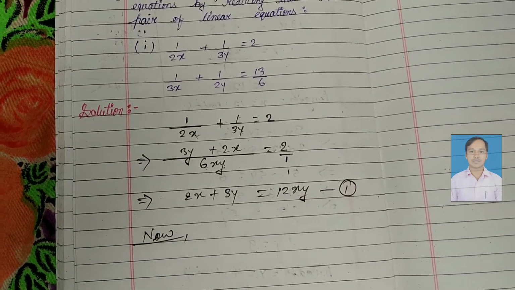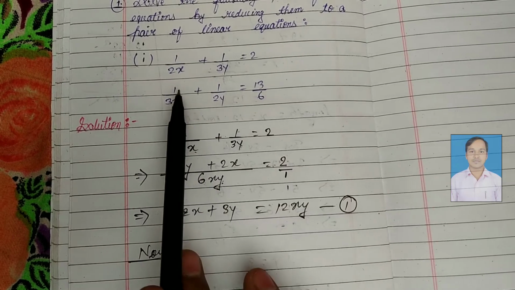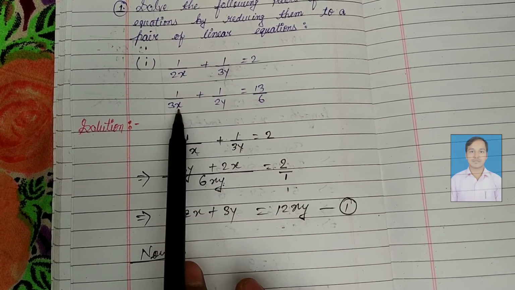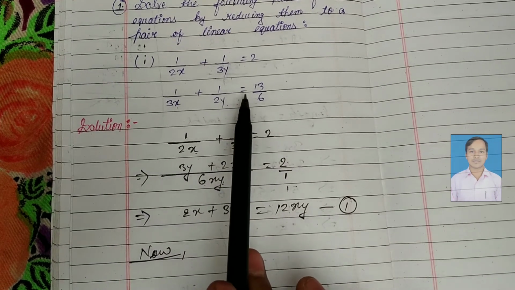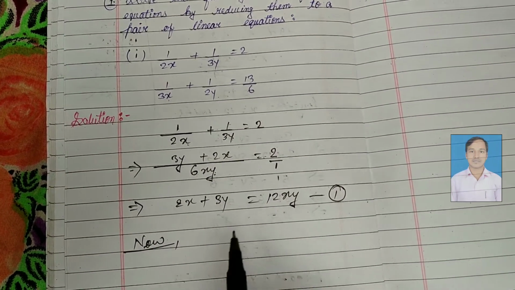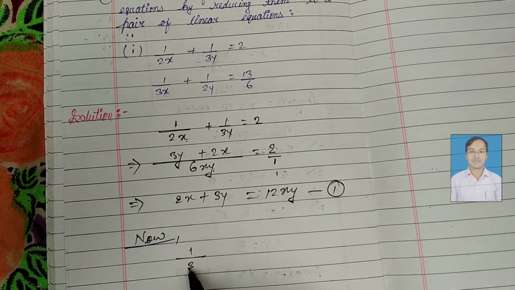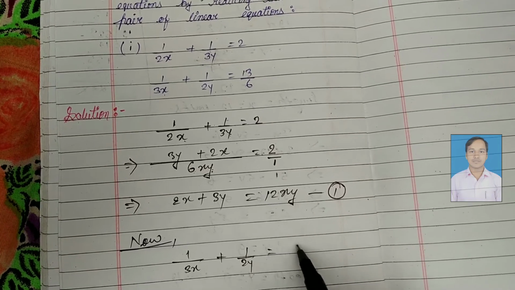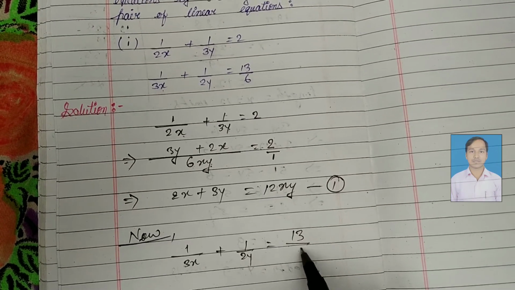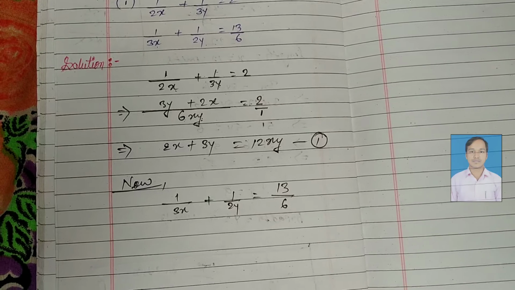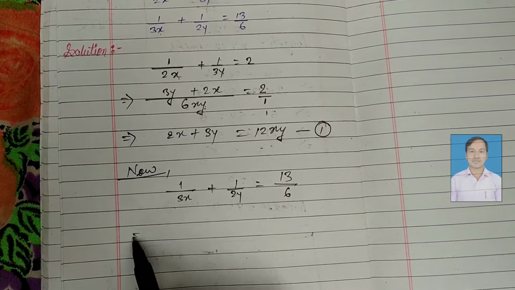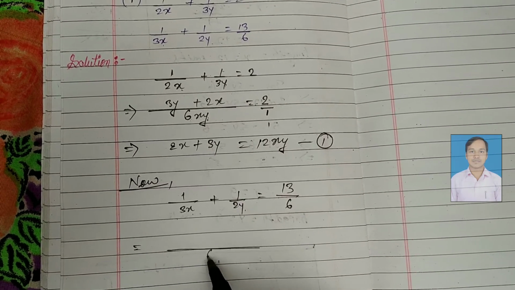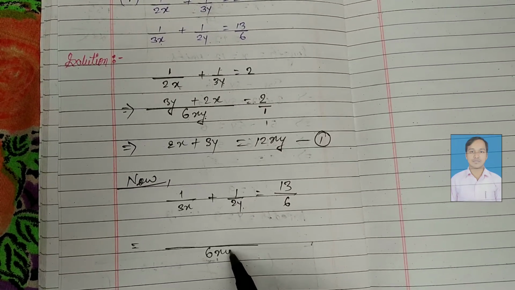Now write your second equation: 1 by 3x plus 1 by 2y is equal to 13 by 6. Now can you take the LCM of 3x and 2y? This will be the same, 6xy.